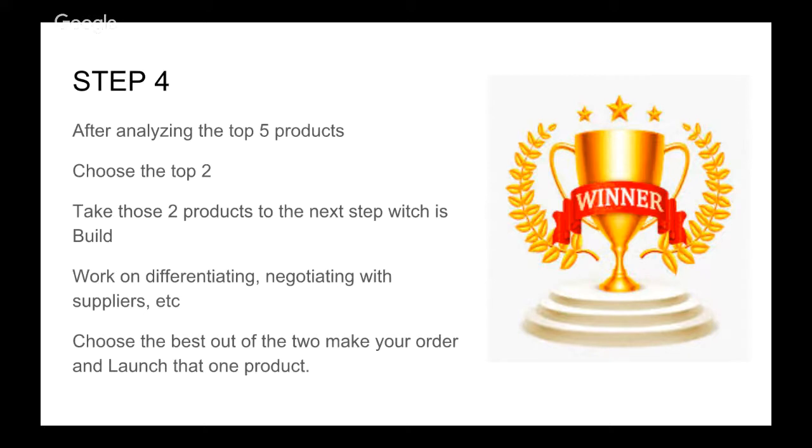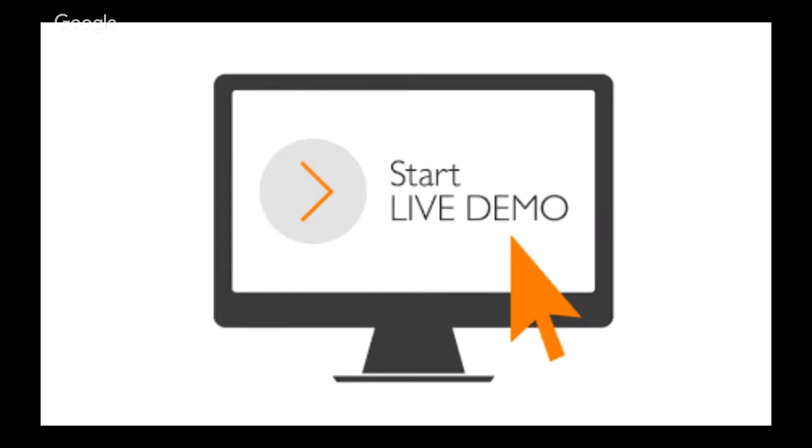But this is basically the process that I take when I'm looking for new products. And I get ideas from browsing Amazon, from maybe the Amazon database, and sometimes we just see something that we want to buy, and then we start analyzing it and seeing if we can make or launch that product.